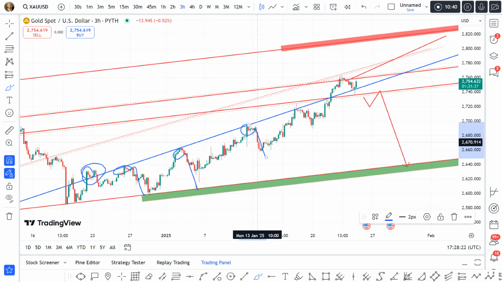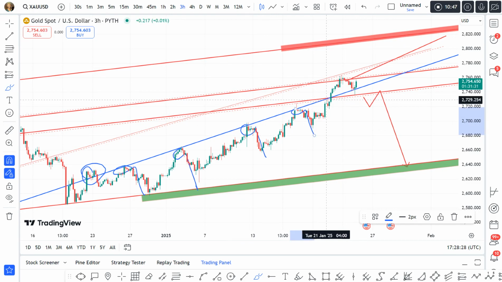When price returns, it is sold again. And when we tried to break above that structure, we couldn't, and we sold again. And now we have the final retest before break of structure, and market returned, respected the structure, and at close of time, market rejected and closed above this line.